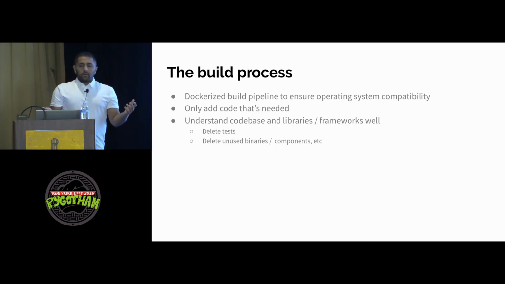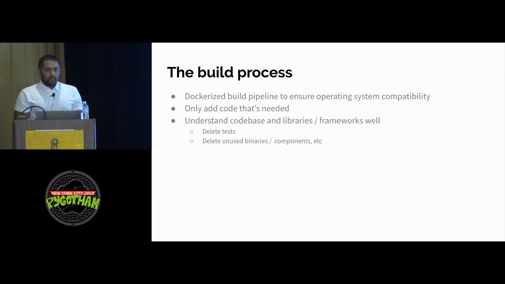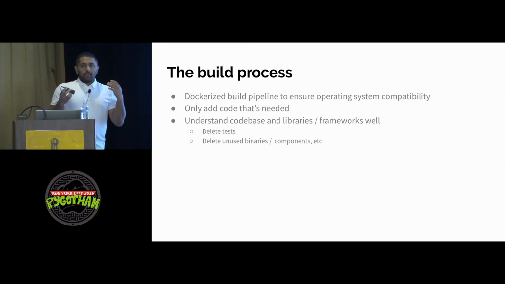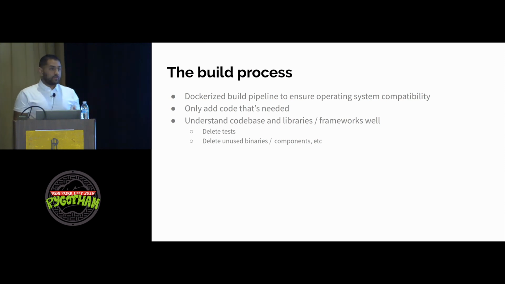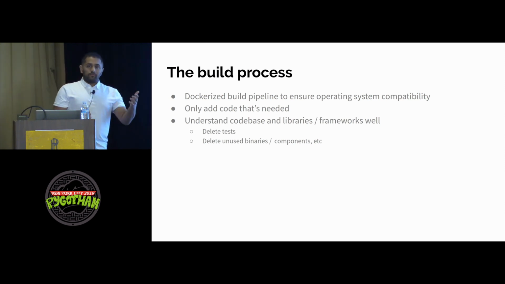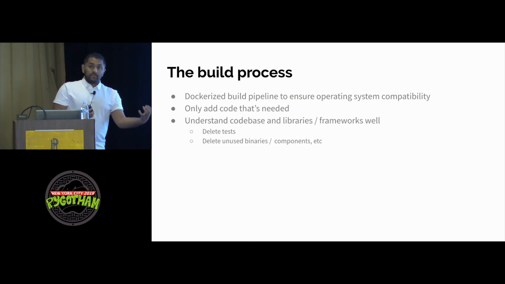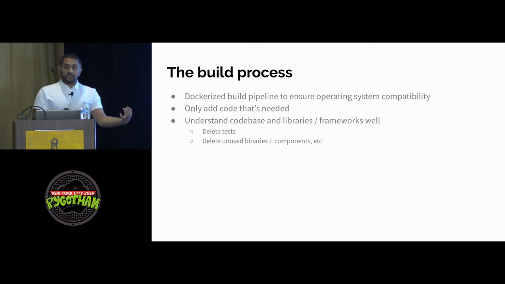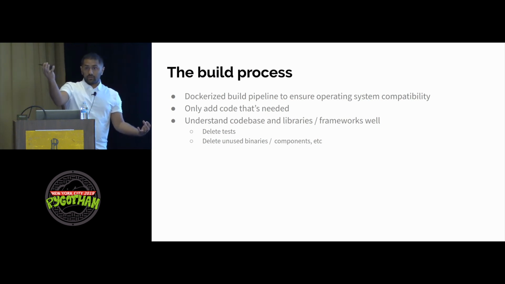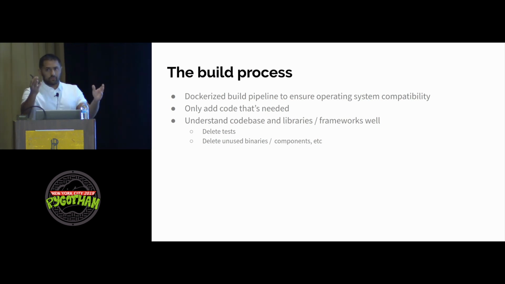So how do we build our code, right? We come up with a Dockerized build pipeline, and the reason for doing that is because a lot of the lower level Python relies on a lot of lower level C code. So what is compiled on your operating system might not necessarily work on AWS Linux, which is AWS Lambda's runtime, or whatever cloud platform you're using.